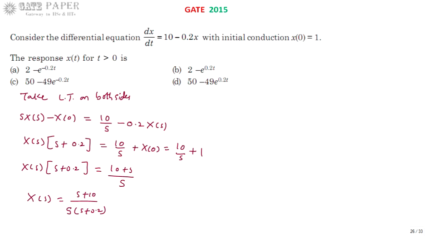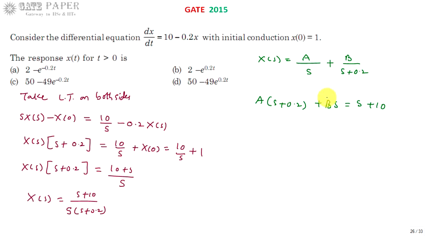So X(s) can be written, by taking partial fractions, as A/s + B/(s + 0.2). Simply, A times (s + 0.2) plus Bs is equal to s + 10.